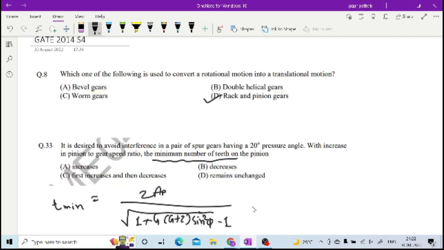So when you consider this equation, whenever the speed ratio is going to increase, your gear ratio capital G will go down, and as capital G goes down, your number of teeth is going to increase, correct? Okay, so this is how we have seen gears and gear trains.